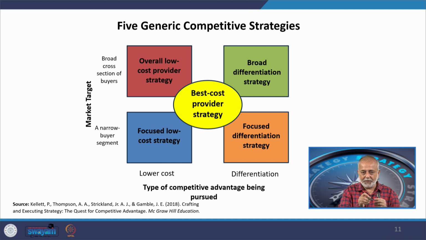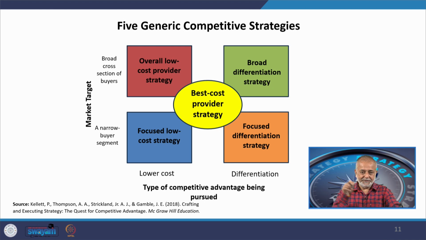And if they are going for broad cross sections of buyers with lower cost, definitely they are focusing upon both elements simultaneously, that is, they are maintaining their customer loyalty and satisfaction, and they are maintaining growth by adding newer buyers and customers while maintaining lower costs.